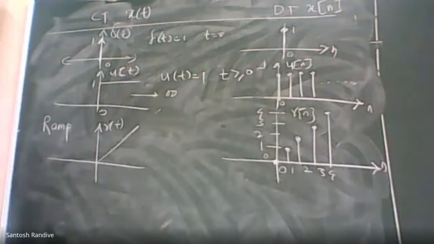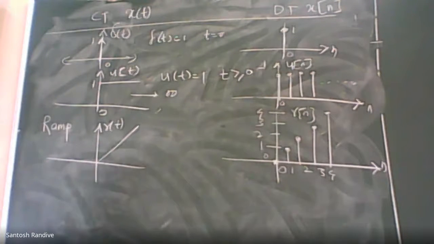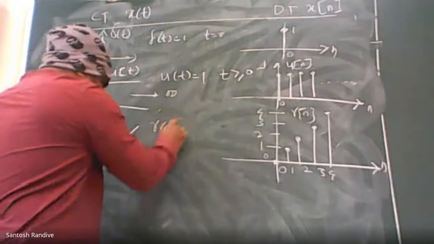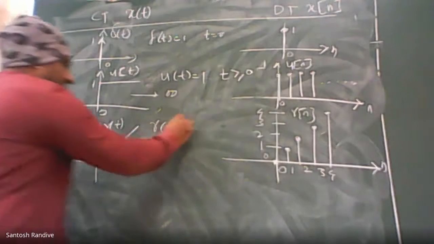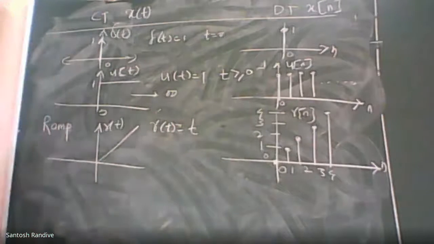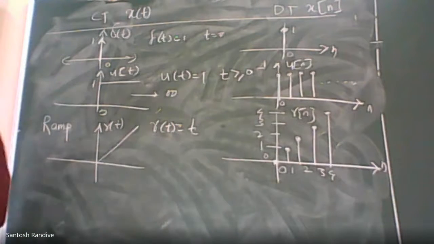So how will you represent this signal mathematically? r of t is equal to, directly we can say, t, where t is greater than or equal to 0.